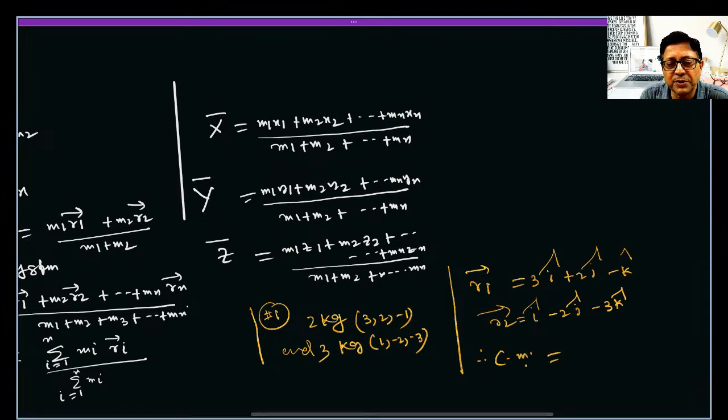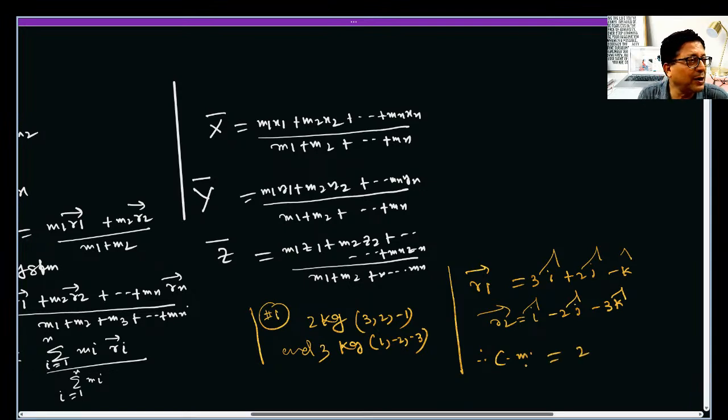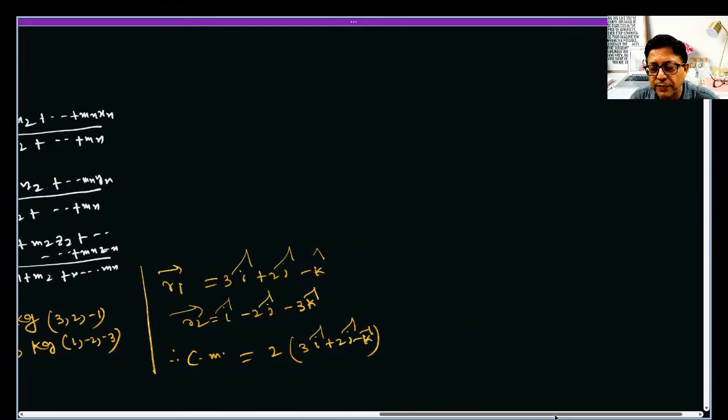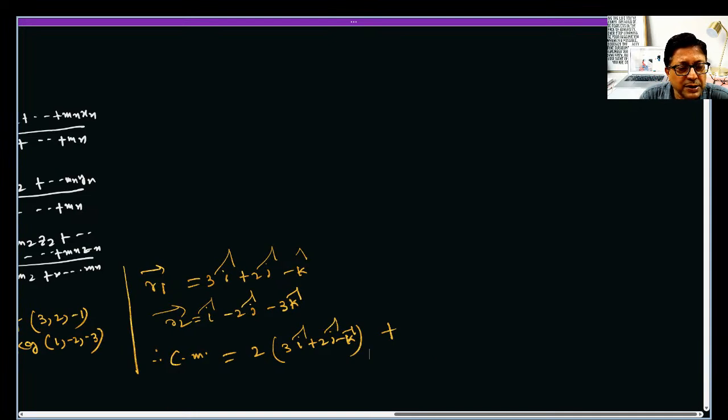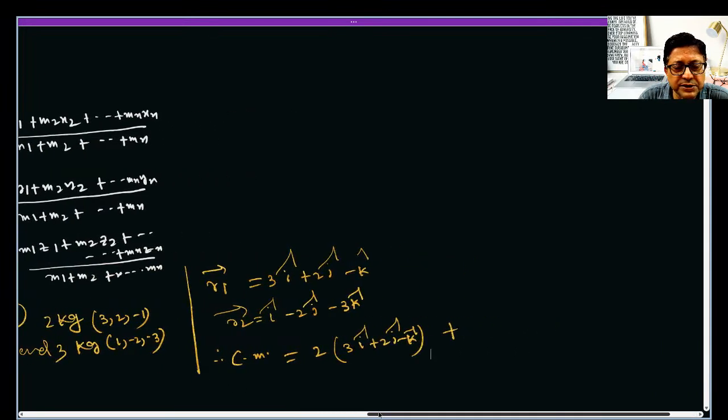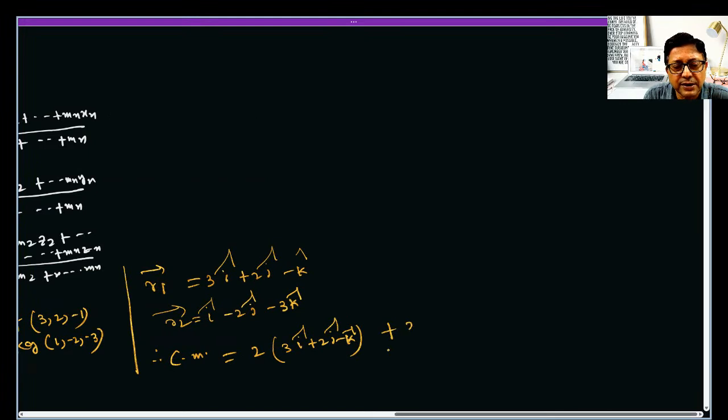So center of mass will be what? M1 R1, 2 into 3i plus 2j minus k, this plus the second mass is of 3 kg, 3 into i minus 2j minus 3k, divided by 2 plus 3.